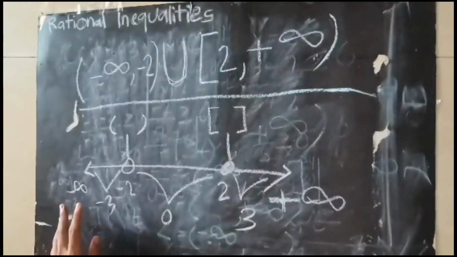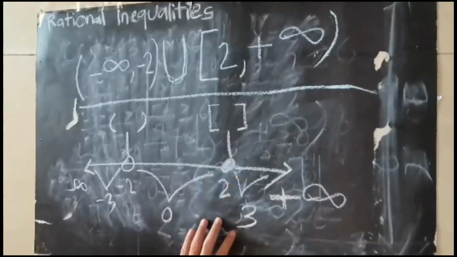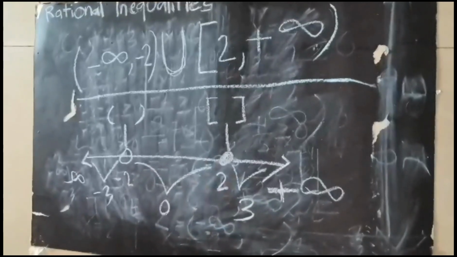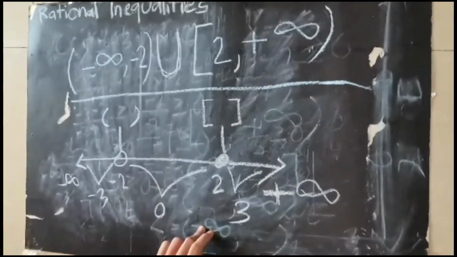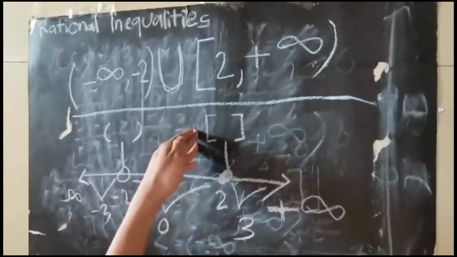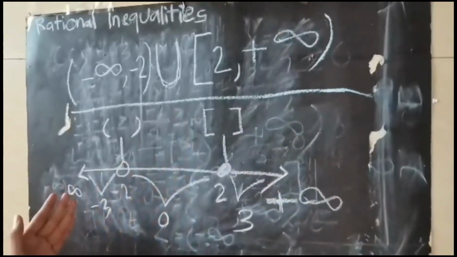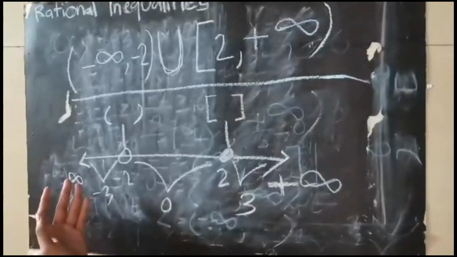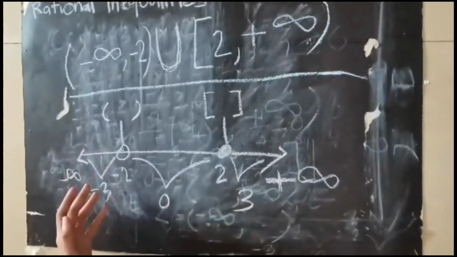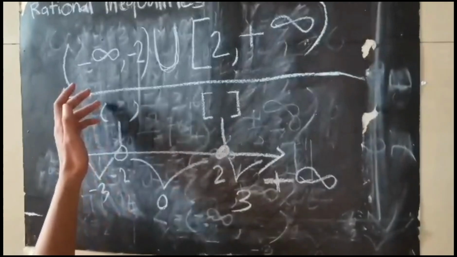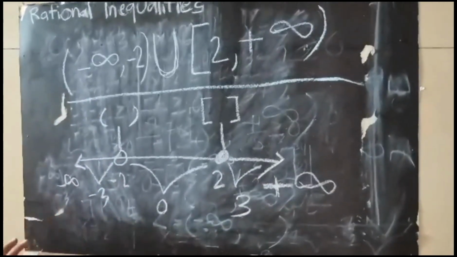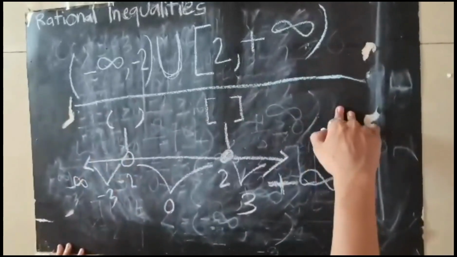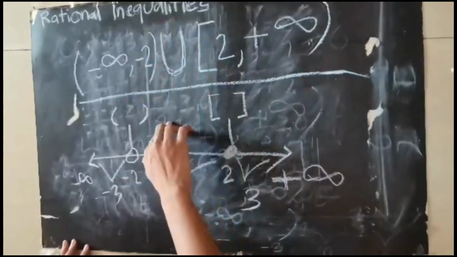As I said, the shaded circle is for our positive numbers, and to put that in our final answer, our positive numbers should be bracketed, while the negative numbers, the negative infinity, and a non-shaded circle should be in parentheses.